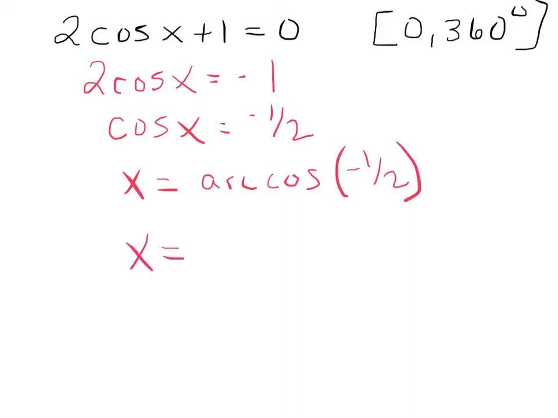So what values of x are going to have a cosine of negative 1/2? Well, cosine of 1/2 goes with the 60 degrees, but the cosine is negative. So where is cosine negative?